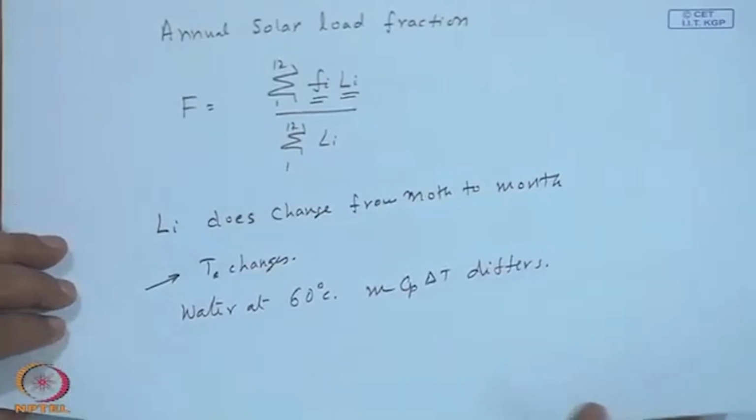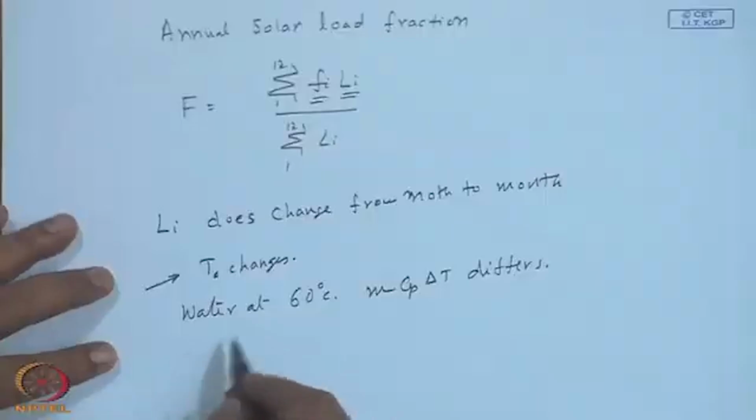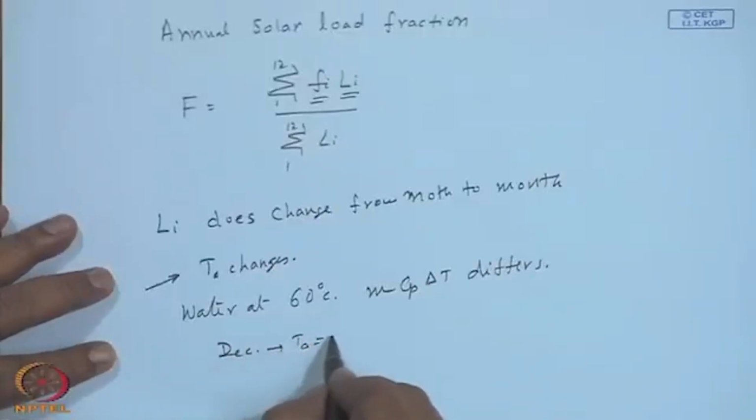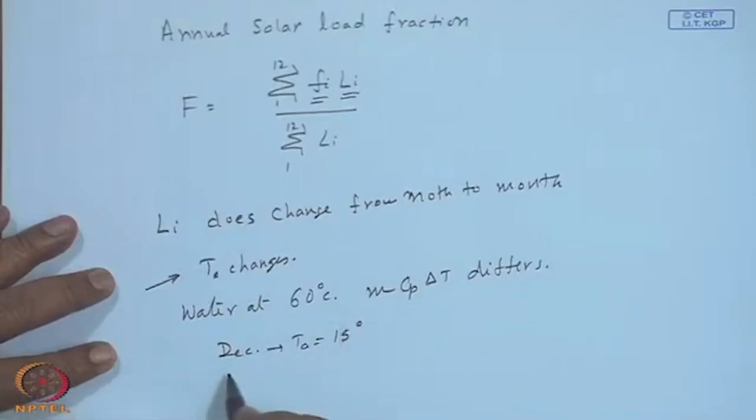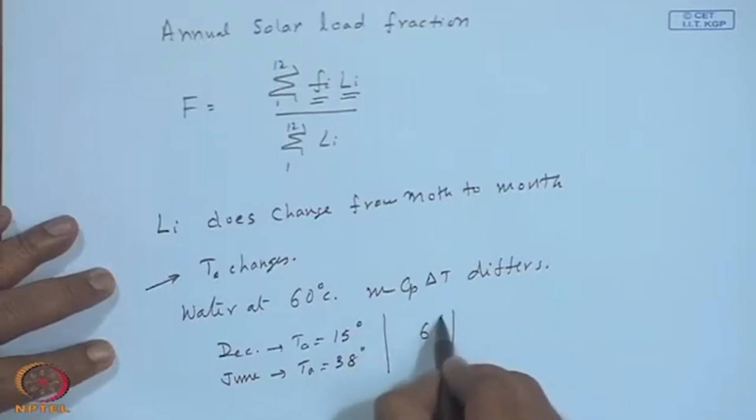For example, even in India, where the weather variation is not that extreme, say typical December maybe T a is 15 degrees and maybe June T a is 38 degrees and I want water at 60 degrees.